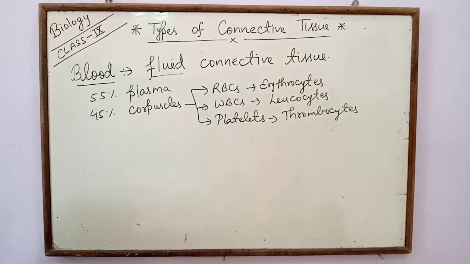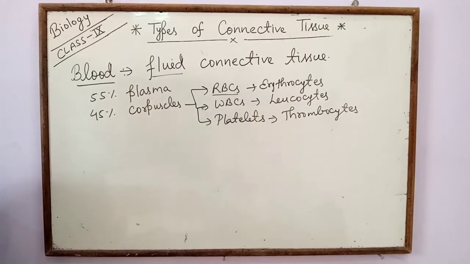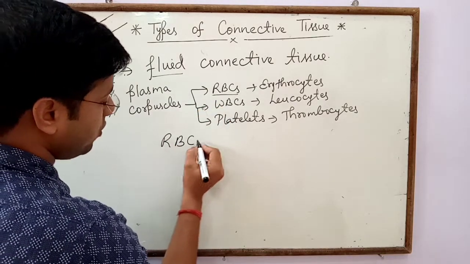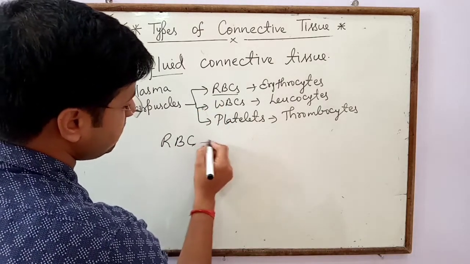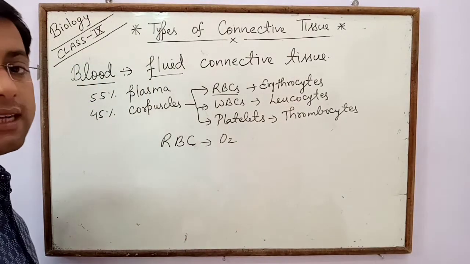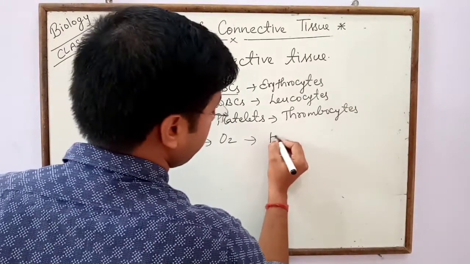In blood, RBC especially is responsible for the transportation of oxygen, and it provides the red color because hemoglobin is present in RBC.